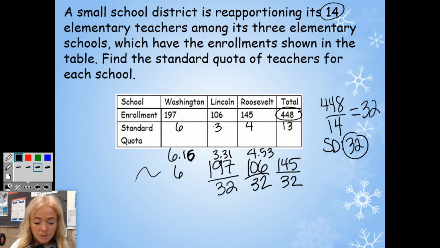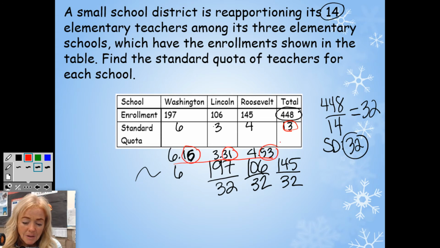Now, what they do with that is we round down to start, so that's why we got 6, 3, and 4. And then once we've done that, we count our total and judge it against what we do have, which is the 14. And then we determine, well, we need 1 more. And then we look at the decimal parts of the standard quota, and we find the biggest of the 3, which is 0.53.